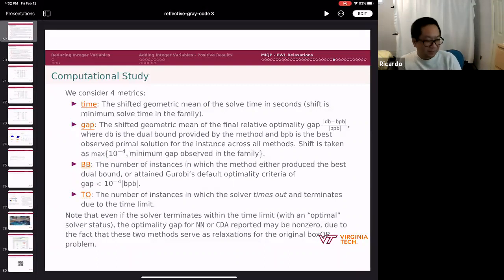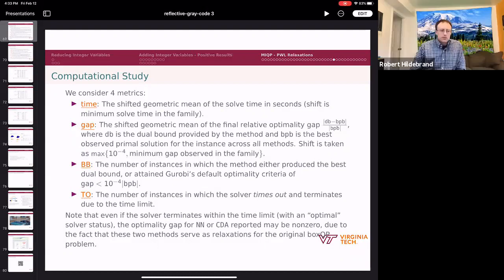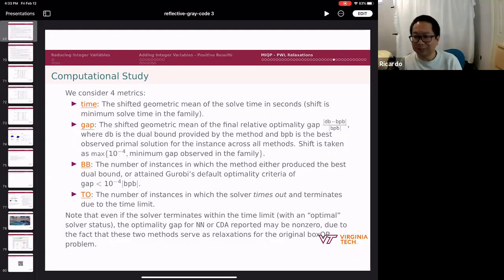But is it also because it's an SOS type 2 type of constraint, or type 1, I always forget which one is which? Is that partly why these things work well, as you're reformulating in a way that solvers have been trained to deal with that particular type of constraint?